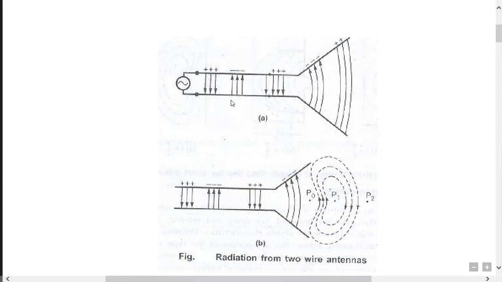In general, the electric lines of force act on the free electrons associated with each conductor and force them to be displaced. The movement of the charges creates a current that in turn produces a magnetic field.